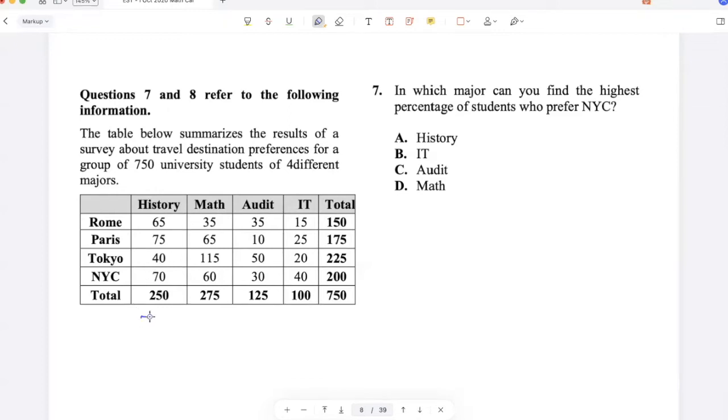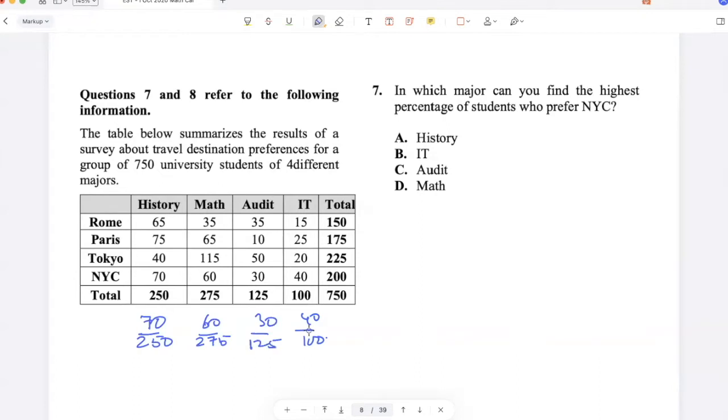So for history, it would be 70 by 250, 60 by 275, 30 by 125, and 40 by 100. So let's just plug that in. 70 by 250 would be how much?